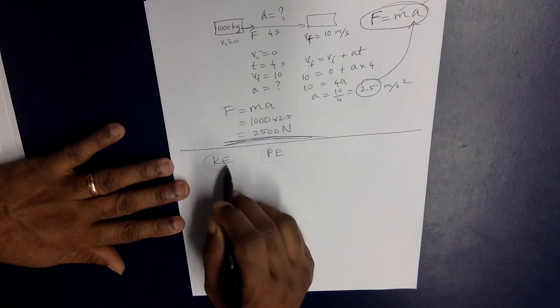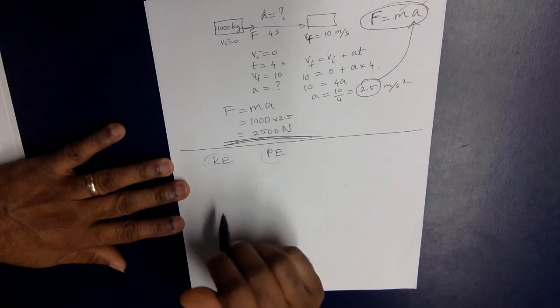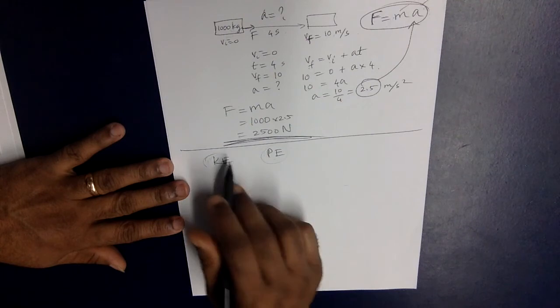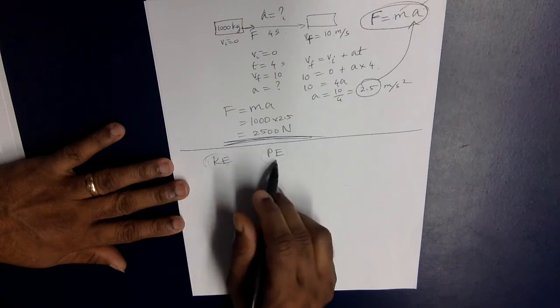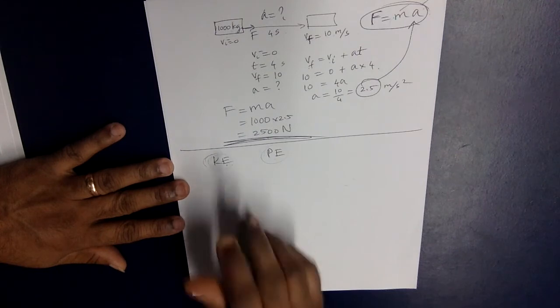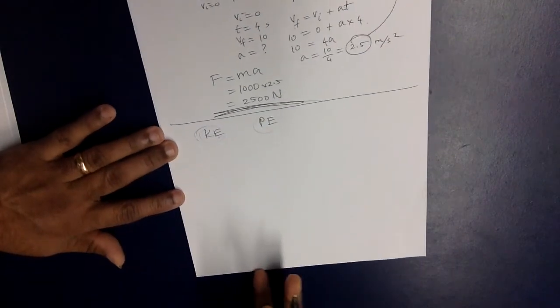Whereas if something is moving, then it has kinetic energy. A moving car has kinetic energy. Wind has kinetic energy. So you should be able to differentiate between potential energy and kinetic energy.